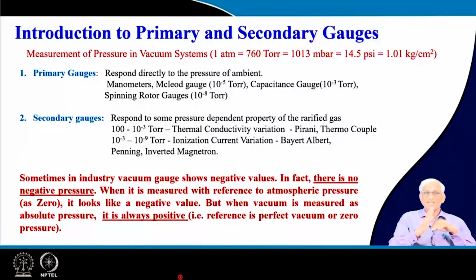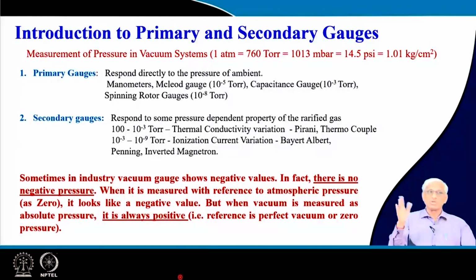There, when no pressure is there, they will call it 0, but actually it is not 0 pressure. When you vent the whole freon gas or whatever it is, totally in equilibrium with the atmosphere, we simply say it is 0. It is 0 with reference to atmospheric pressure, if you take atmospheric pressure as the reference. But if you take zero pressure as the reference, 0 is not possible; it is 10 power minus 11, minus 12 type of thing.